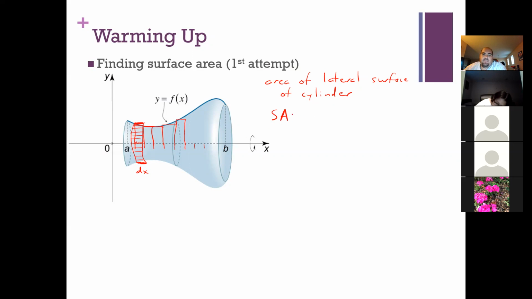I know that dx is going to be part of that calculation. But what's going to be the rest of it? What else do I need to introduce to find that actual area?